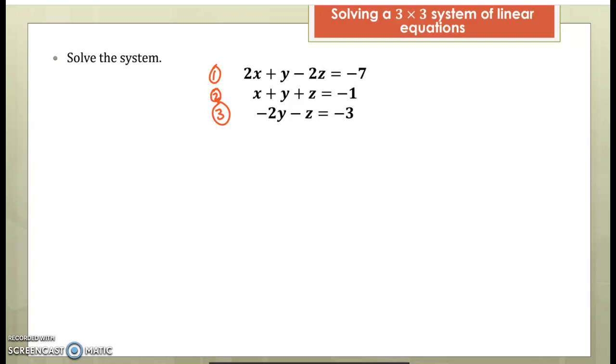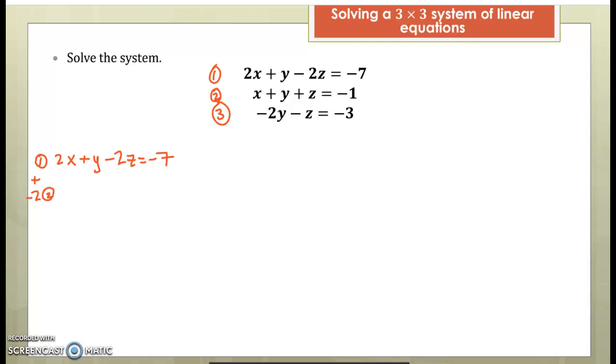So if I can eliminate x again, then I would have 2 equations with 2 of the same variables.